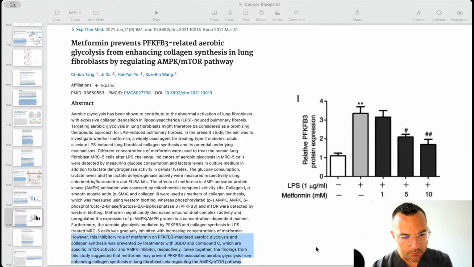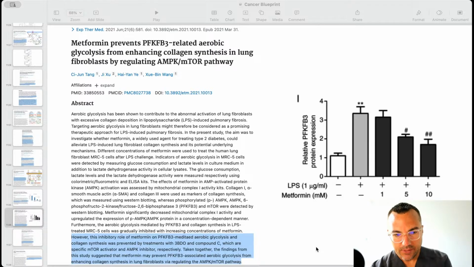And it says here, however, this inhibitory role of metformin on PFKFB3 mediated aerobic glycolysis and collagen synthesis was prevented by treatments with 3-BDO and compound C, which are specific mTOR activators and AMPK inhibitors, respectively.